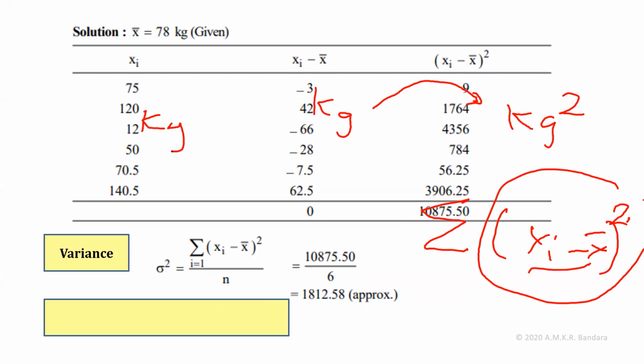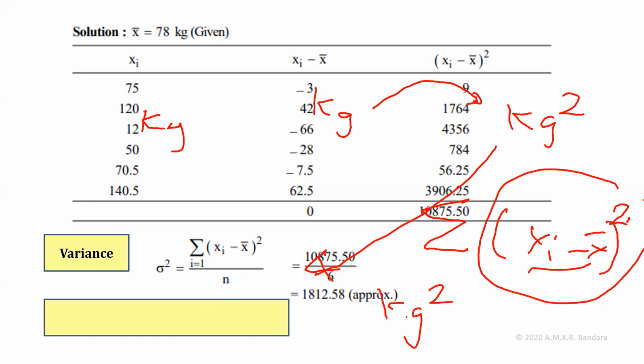Now the unit of measurement of this variance is kilogram square, because we have squared this deviation, taken the summation, and taken the average of that. So the unit of measurement of variance is kilogram square.